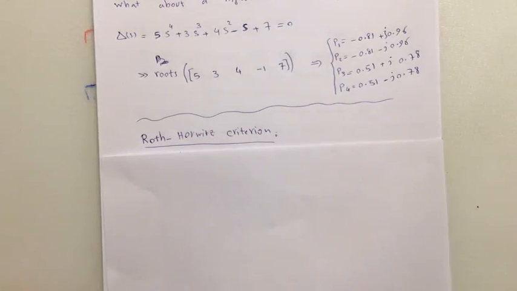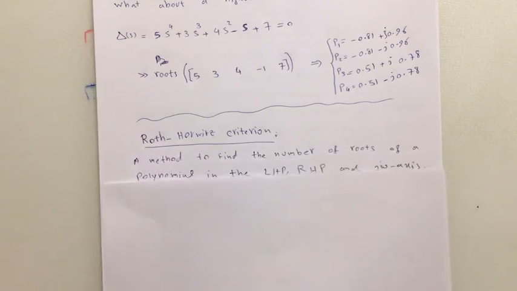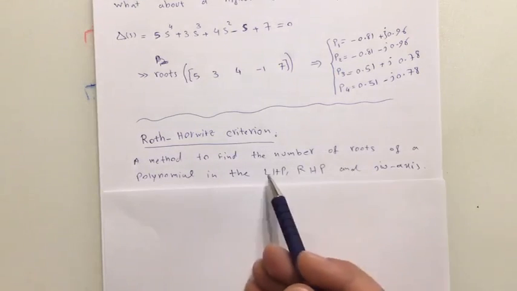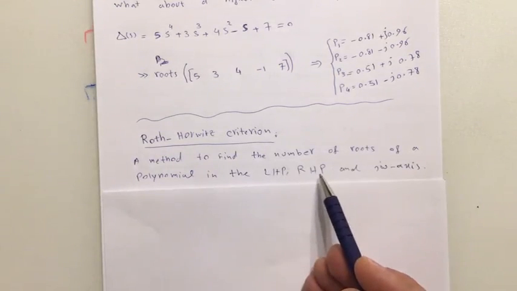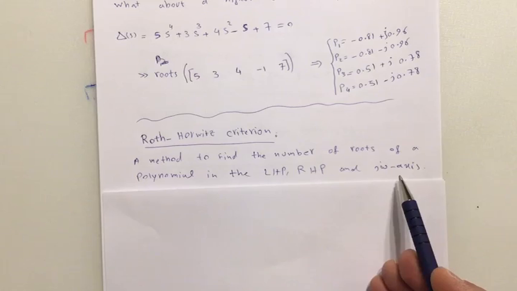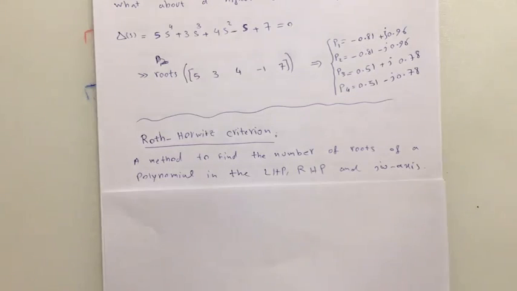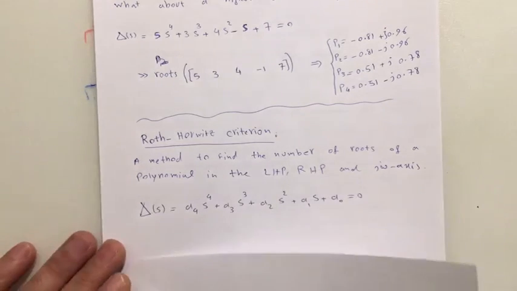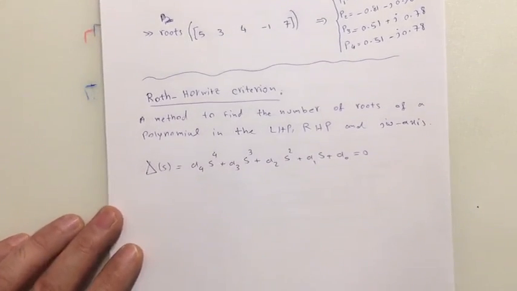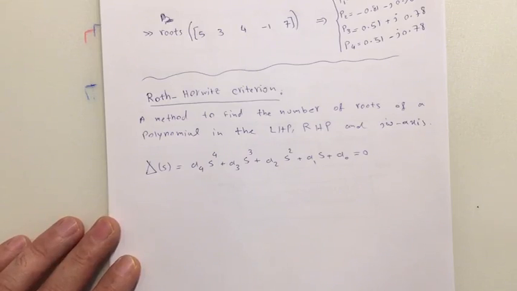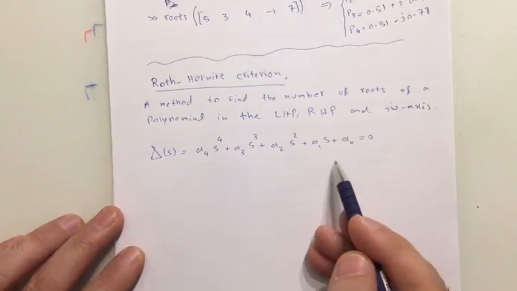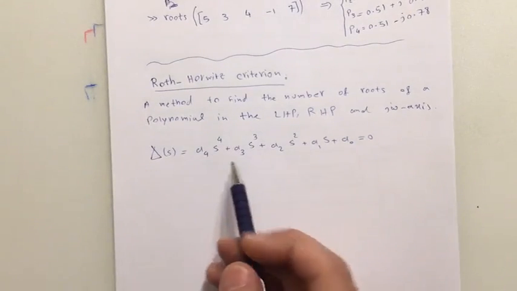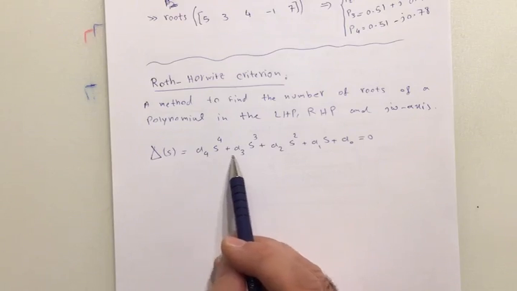This method is called the Routh-Hurwitz criterion, and it is basically a method to find the number of roots of a polynomial in the left half plane, right half plane, and j omega axis. Let me show you how to use this method with this fourth order example, which is a general example because the coefficients are parametric.